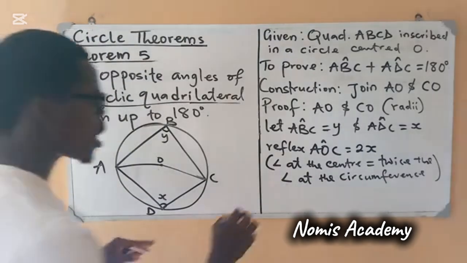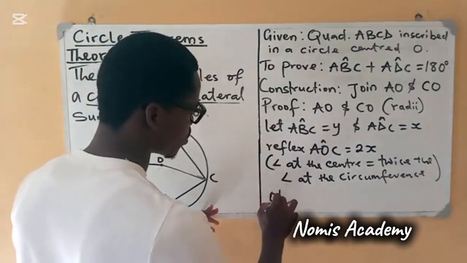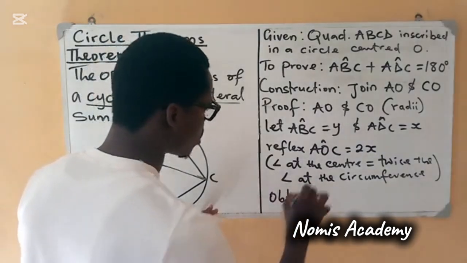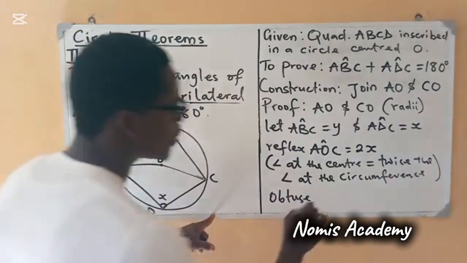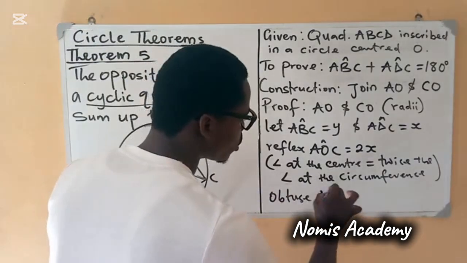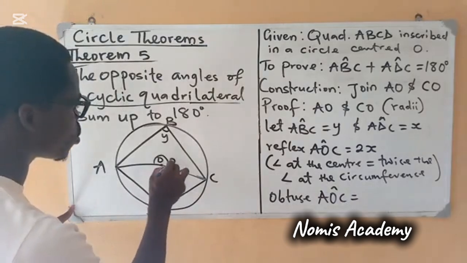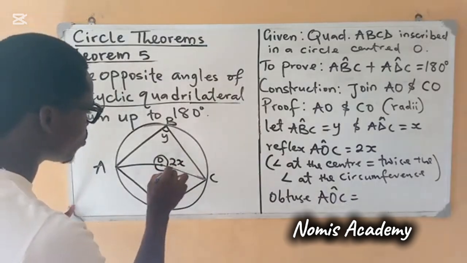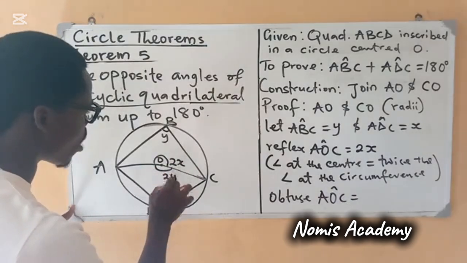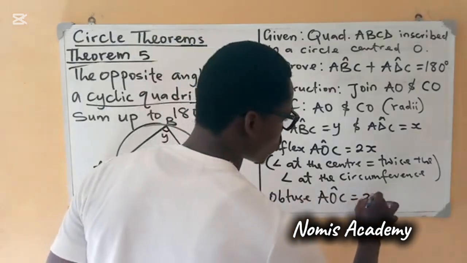Okay, we also have the obtuse AOC equal to, okay, we say this particular angle is 2x, while the obtuse should be 2y.